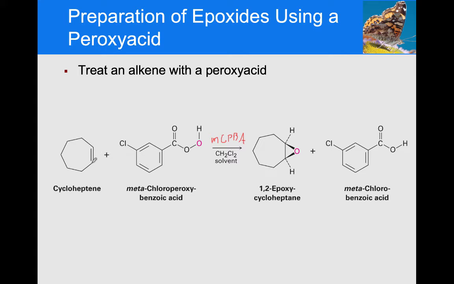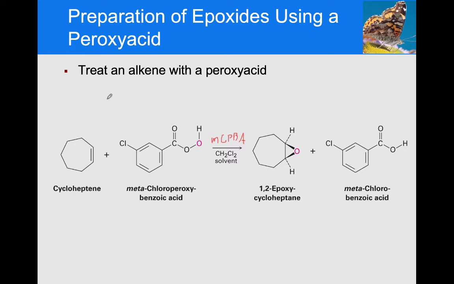This is where the double bond reacts with this electrophilic oxygen to make a 3-membered ring. It's called a peroxy acid because this looks like peroxide, and this looks like a carboxylic acid with an extra oxygen. When you make this molecule, this oxygen becomes very electrophilic.